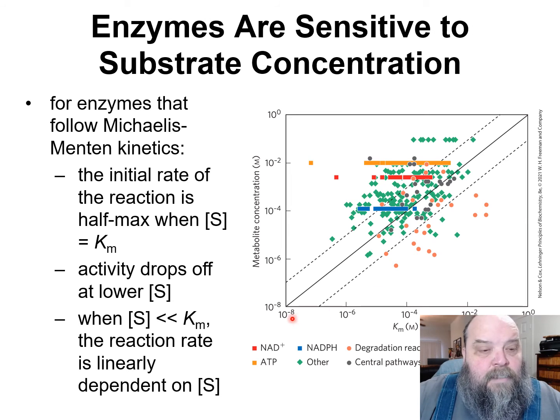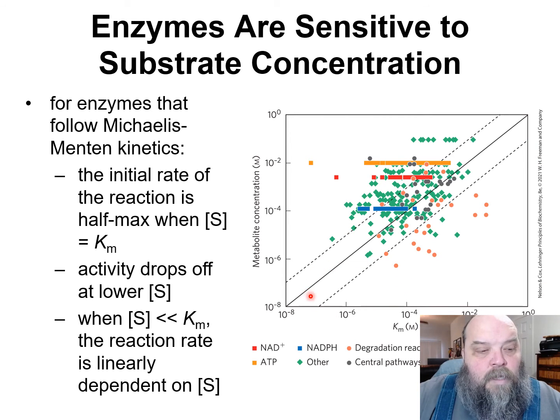And when we look at the Michaelis-Menten kinetics, because remember, these enzymes, we talked about this last semester, there are ways to measure the enzyme, and you look at the Vmax and all of that.